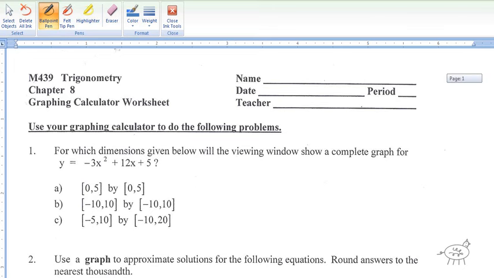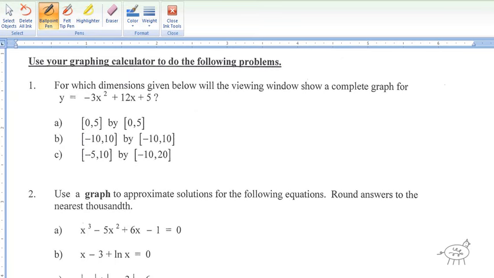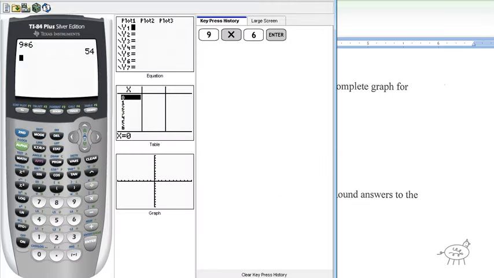The first one says, use your graphing calculator to do the following problems. For number 1, it says, for which dimensions given below will the viewing window show a complete graph for that equation? So let's switch over to our TI, and you have your piece of paper in front of you.